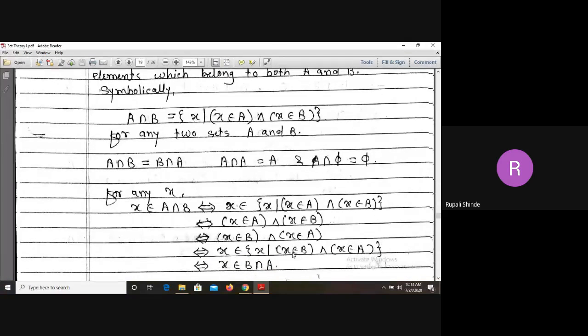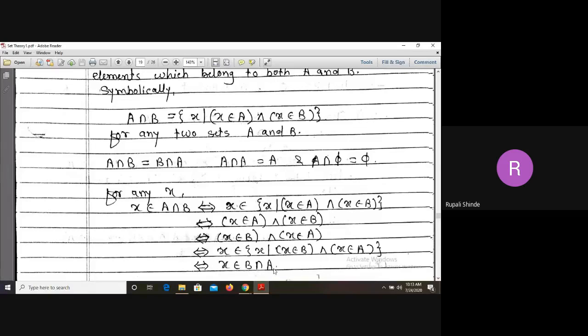Again, here we can write X belongs to, we can take it common. Again, B and A. So for any element X, that X will belong to B and X belongs to A. This we have taken from step number 3. What is the meaning of this whole statement?